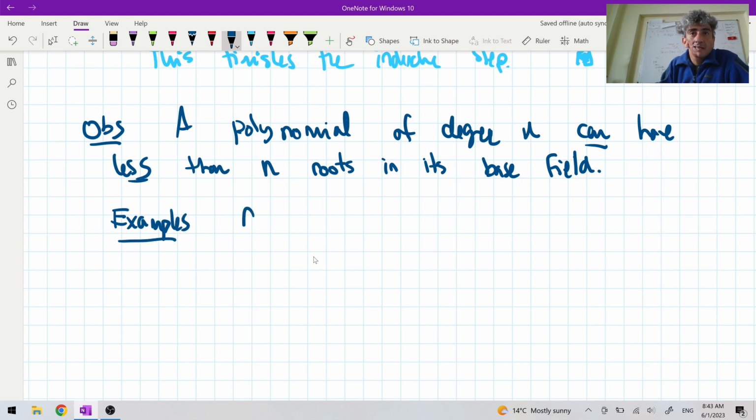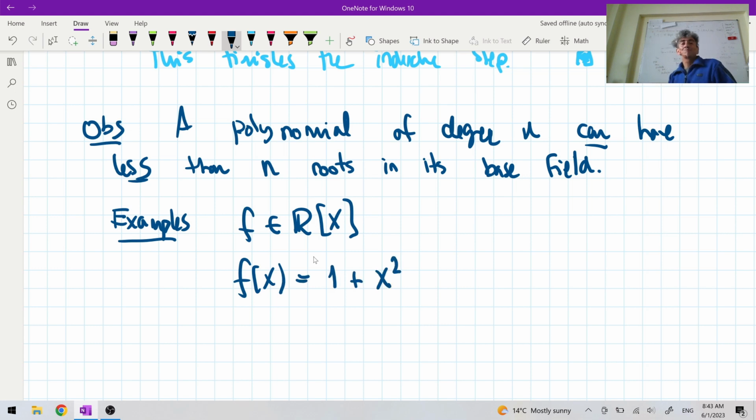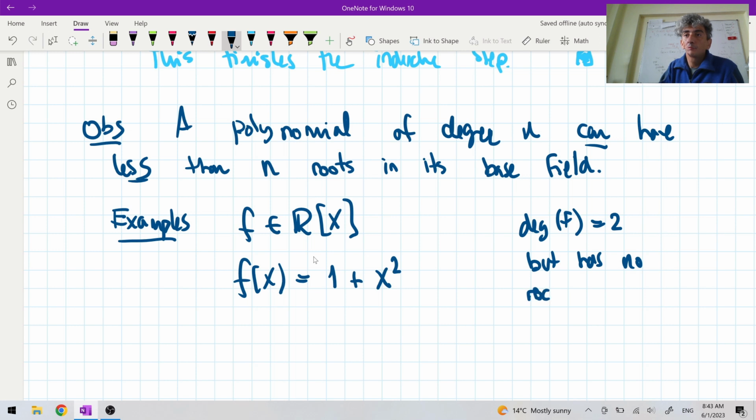Let's consider f a polynomial with real coefficients and with this specification. This polynomial has degree 2, the degree of f is 2, but has no real root in R. So it might well be the case that we have a polynomial of degree n which has no roots at all. It can happen, but it can never happen that it has more than its degree number of roots.